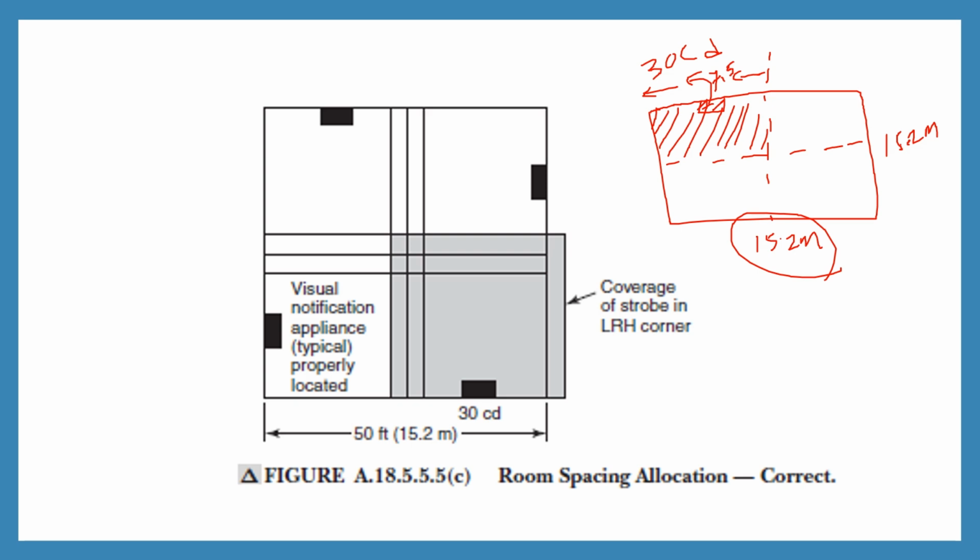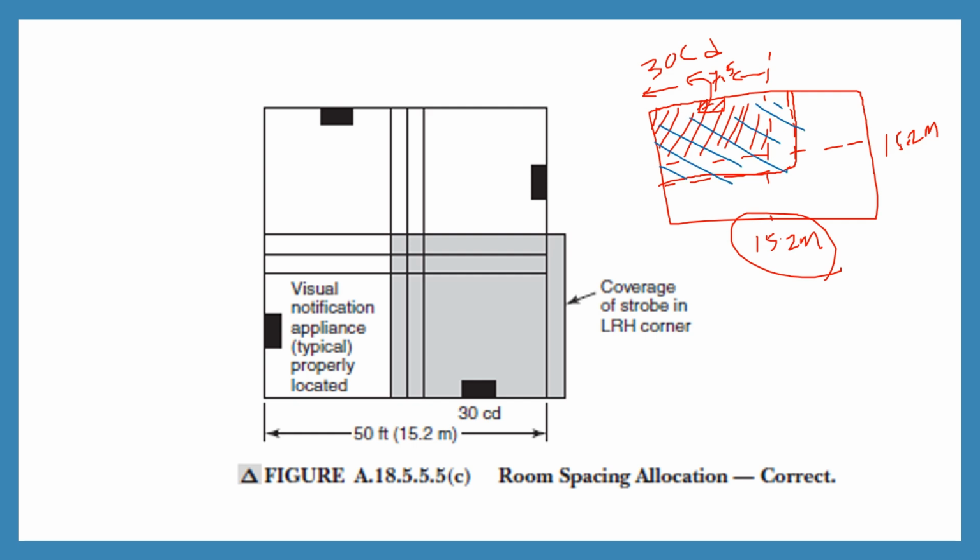So basically now the strobe which you placed here will cover 9.1 meter by 9.1 meter. So the strobe can cover up to here, 9.1 meter. I will just draw this line in another color for clear explanation. So this strobe will cover this entire area.